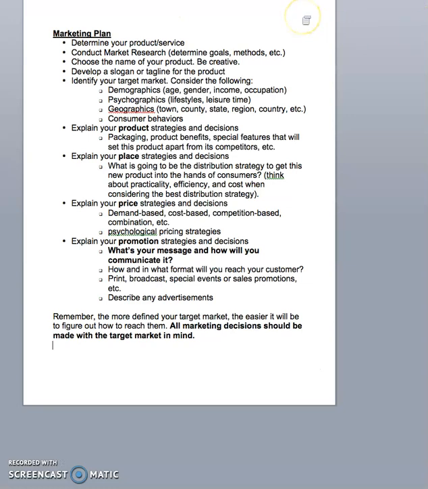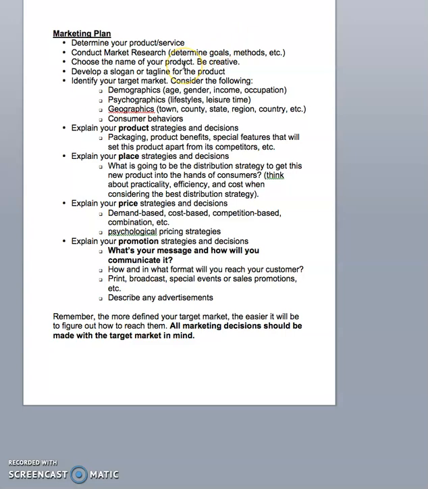So when we talk about a marketing plan, these are really all the different components of it. A marketing plan is something that is documented. So it's a document. It's a living document. So you would determine your product or service. You would then conduct your market research, determining your market research goals, methods of how to collect information, as well as having some type of system to analyze your data.